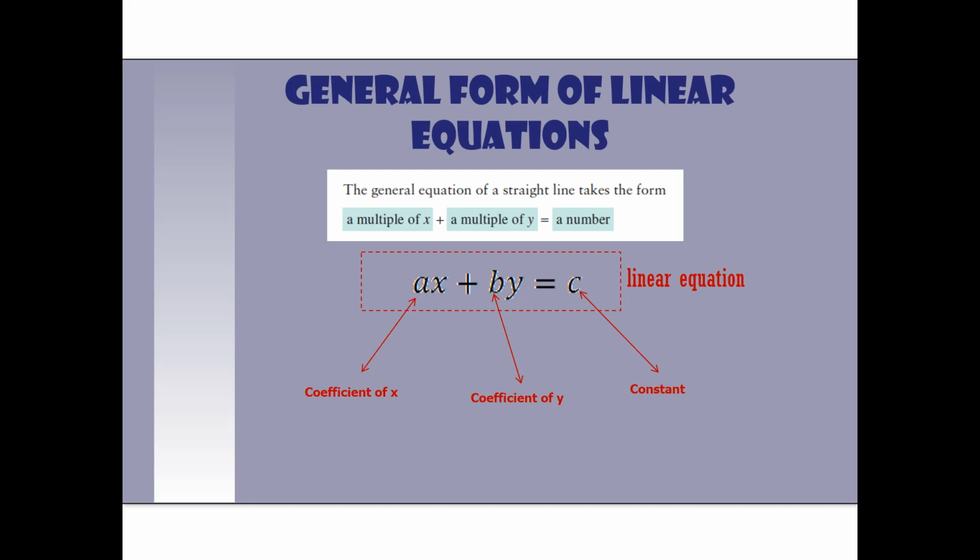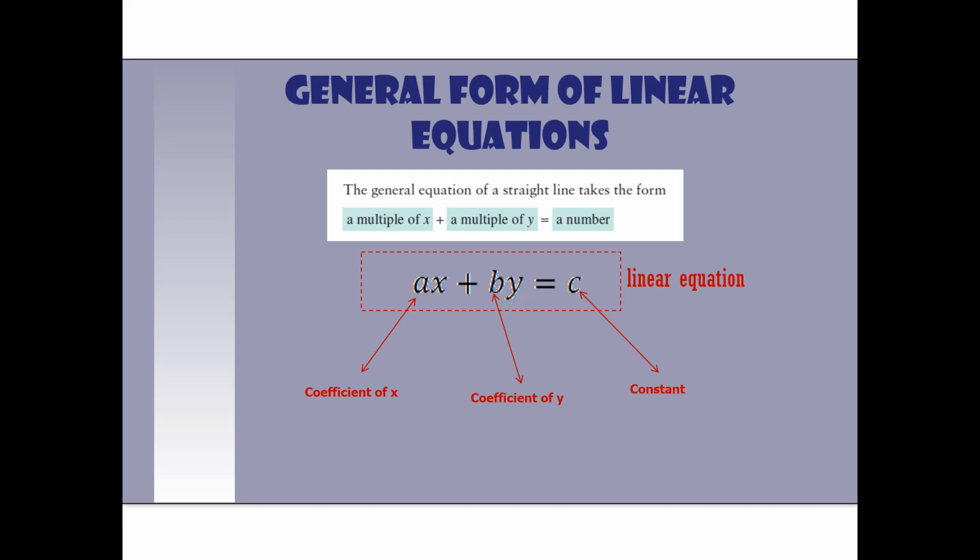So if we use the symbol a for the coefficient of x, and the symbol b for the coefficient of y, and the symbol c for the constant, then the general form of the linear equation will be ax plus by equals c. Here we are talking about the linear equation of two variables, x and y.